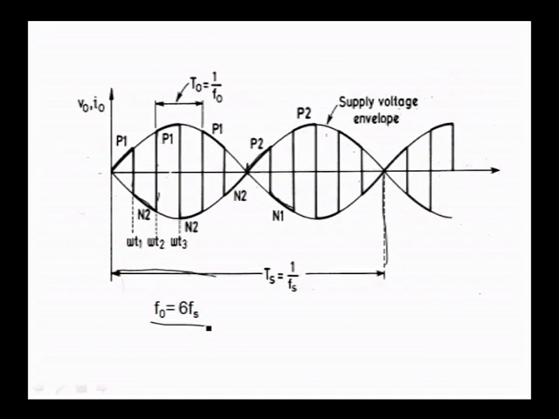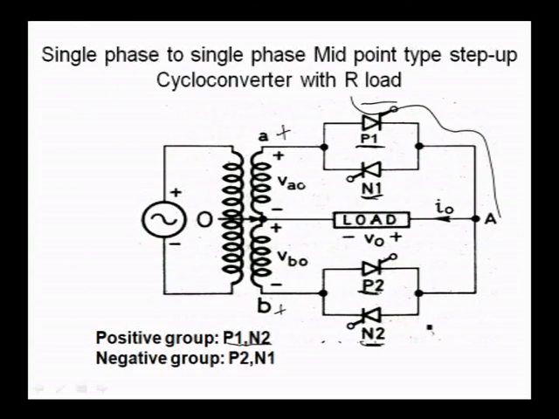So, what have you learnt about the step up converter? A step up converter needs force commutation, we need a center tap transformer, and the number of thyristors required is 4. 4 thyristors required, you can see the diagram once again. So, center tap transformer. The positive group P1 N2 are turned on and turned off.